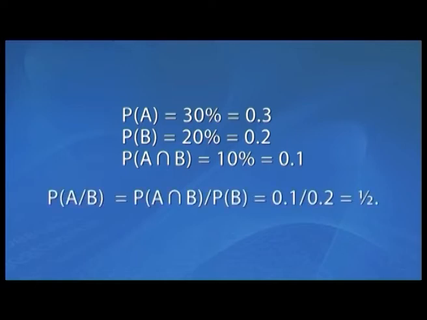Probability that the student has failed in mathematics if he has failed in chemistry is P of A given B is equal to P of A intersection B divided by P of B is equal to 0.1 by 0.2 is equal to half.